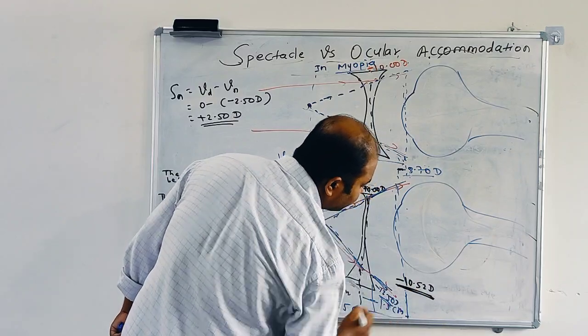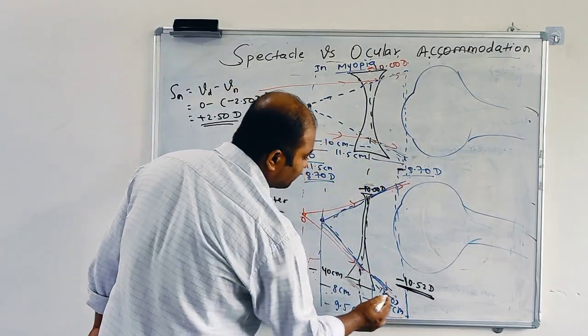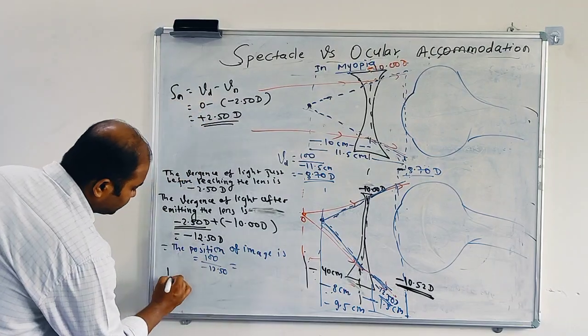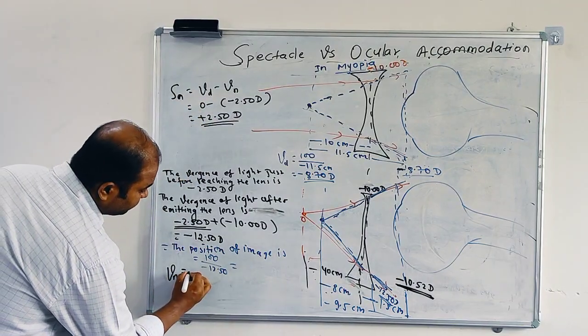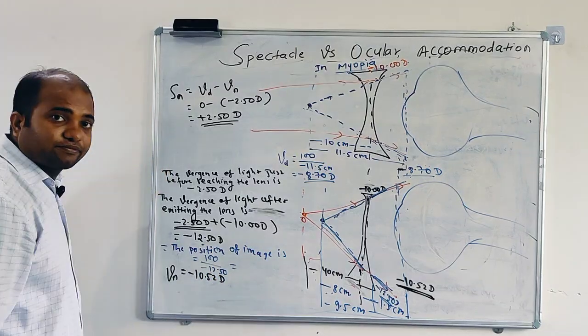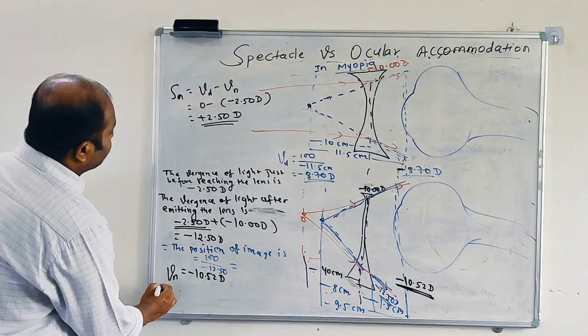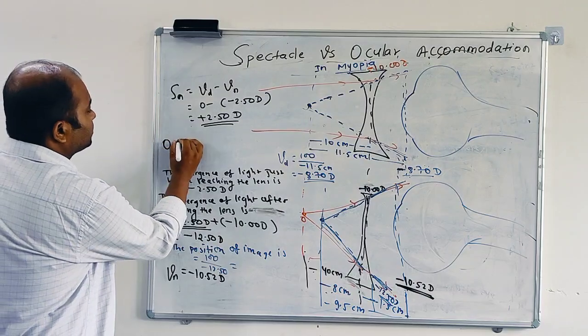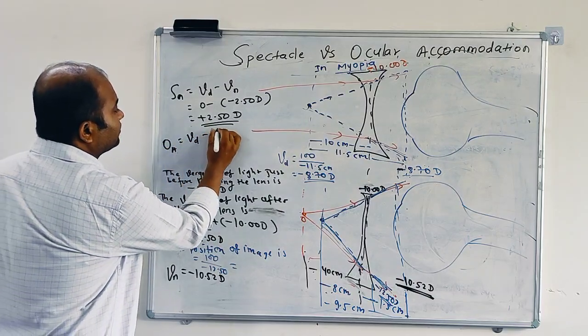Okay, so first Vn: when the light is focused for near, the Vergence of light at the principal plane is minus 10.52 diopter. We know the ocular accommodation formula. Ocular accommodation is equal to Vd minus Vn.